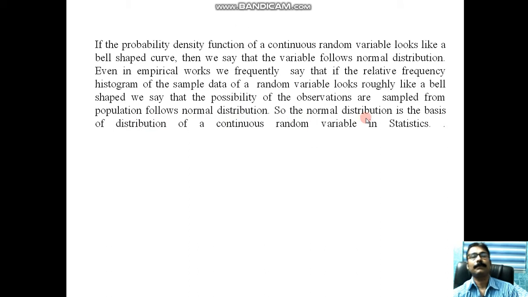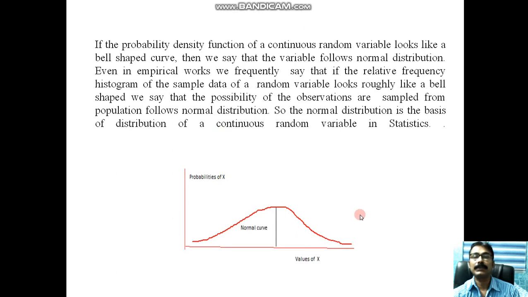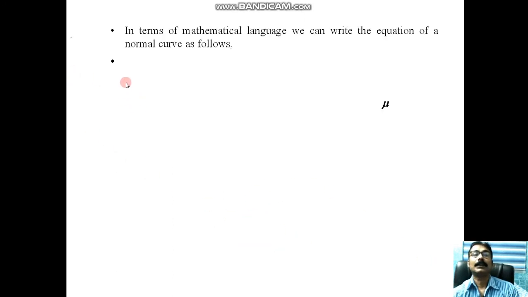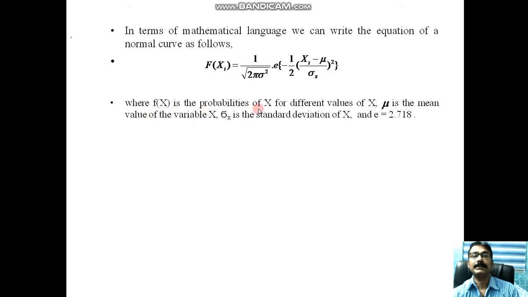So normal distribution is the basis of distribution of a continuous random variable. In statistics, it looks like this, bell-shaped. Now in mathematical language, we can write the equation of a normal curve as follows: f(x) equals 1 upon root 2 pi sigma square, e to the power minus half, (xi minus mu) by sigma, whole square, where f(x) is the probability of x for different values of x, mu is the mean value of the variable x, sigma is the standard deviation of x, and e is the constant 2.718.